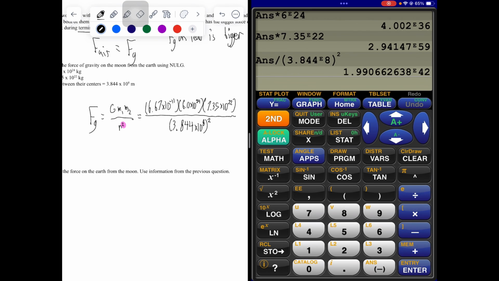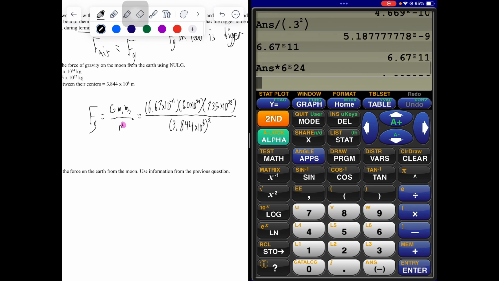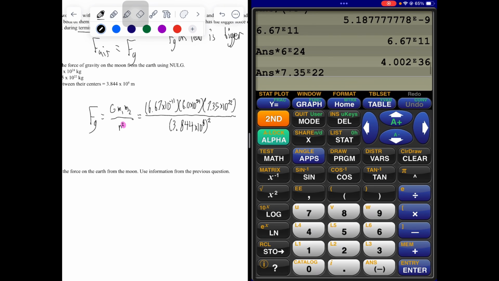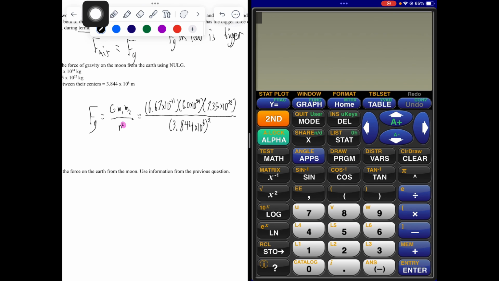Double check. Aha. I knew this didn't look right. I accidentally put this in as a positive 11th power. That should be negative. Let's redo it.